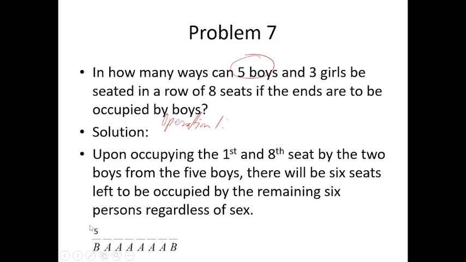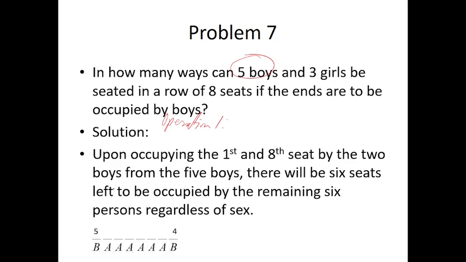Since there is already a boy that was seated at the first seat, we can now consider the remaining boys, which are 4. There are 4 boys left. Any of the 4 boys can sit at the last seat, at the 8th seat. So therefore, we have 4. That's operation number 2. We have 4 ways of performing operation number 2.